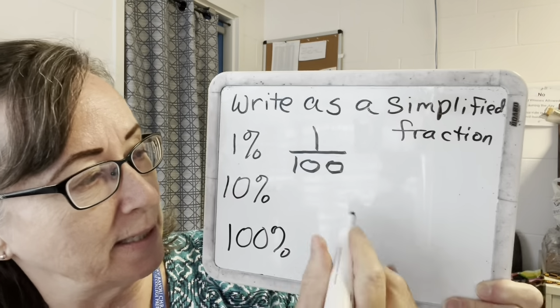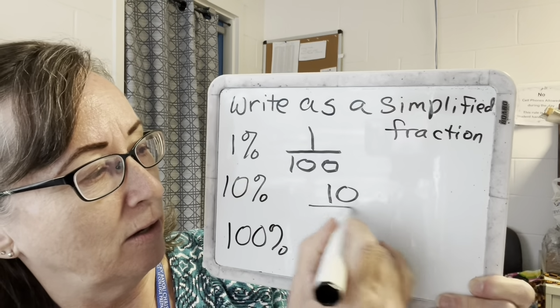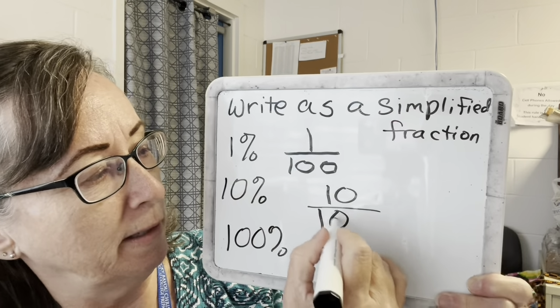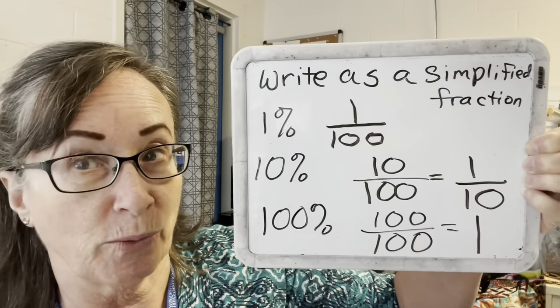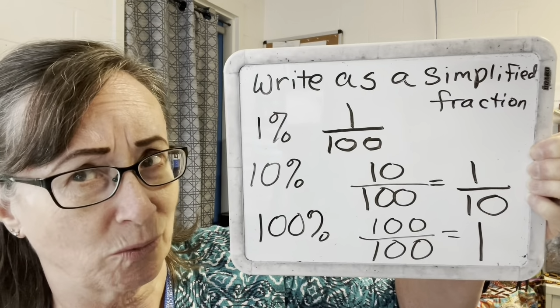But 10% is 10 over 100, and if we divide the top and the bottom by 10, we get 1/10 in its simplified fraction form. And 100% is 100 over 100, which is equal to 1. So its simplified form is 1, because 100% is 1.